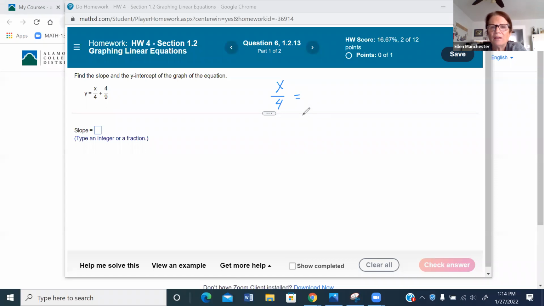Remember, there is an assumed 1 in front. So this is exactly the same thing as 1/4 x. So this is your slope. Your slope is rise 1, run 4. Even if it looks like this, don't let that throw you. There is a 1 in front of that x, and you can just separate it as 1/4.